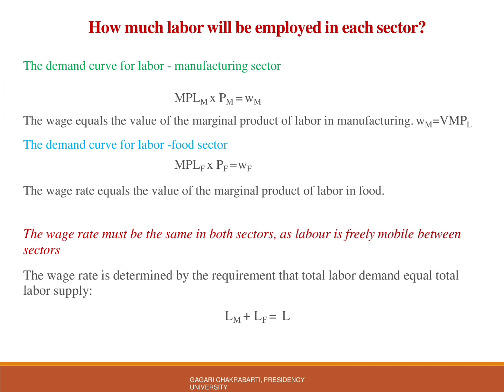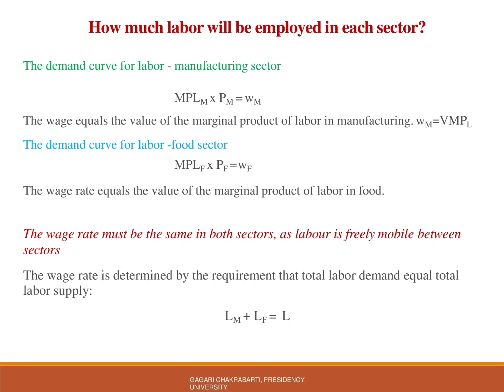So here we start from the demand curve for labor in the two sectors. Since we have perfect competition all around, the equilibrium condition will be that the money wage rate will be equal to the value of the marginal product of labor.